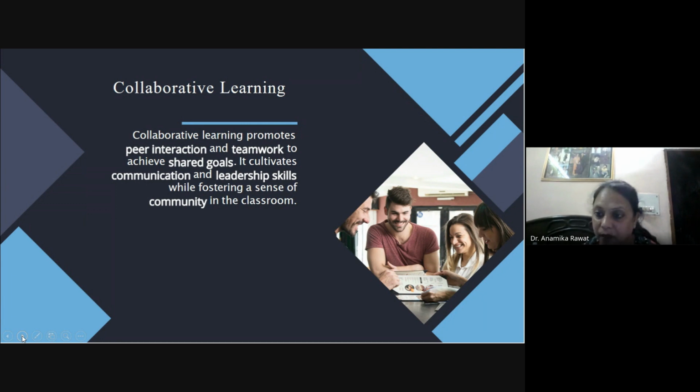And in collaborative learning, they are able to understand team working and leadership qualities, and the working conditions and environment. Every company has an internal environment as well as an external environment, so they are able to understand the environment, work according to the group, and react according to a public place.